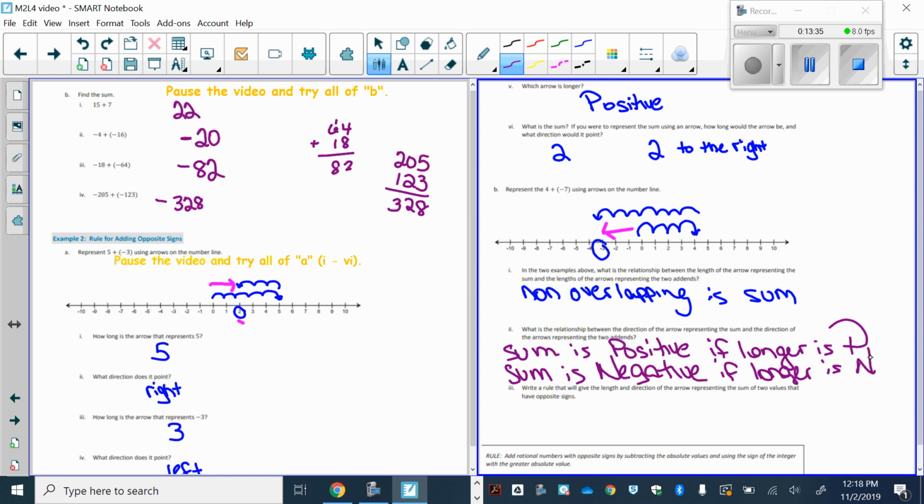Our rule: subtract the two addends if you're working with opposite signs. That's the big thing. If you're working with opposite signs, subtract the two addends and then use the sign of the longer arrow, or what would be the longer arrow.